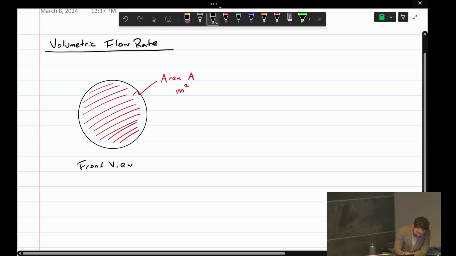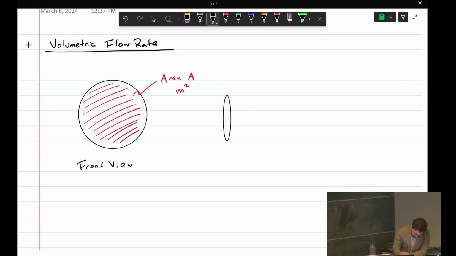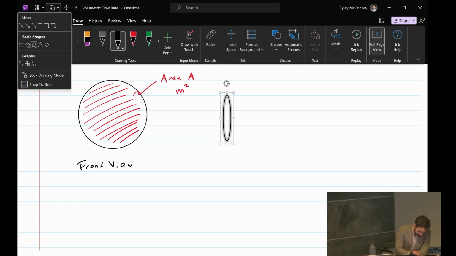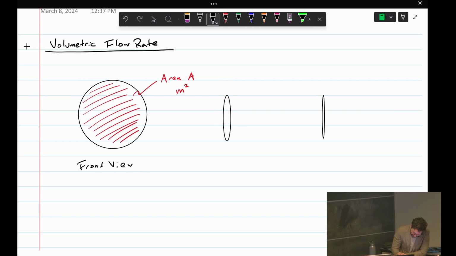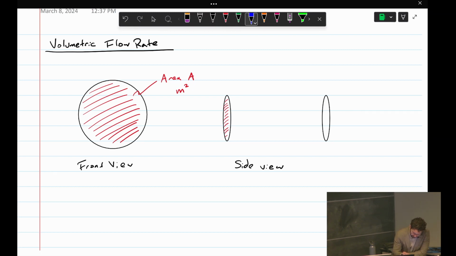Let's say we take this cross-sectional area and we move it with some velocity. So this is going to be a side view here. That blue arrow is going to be velocity.